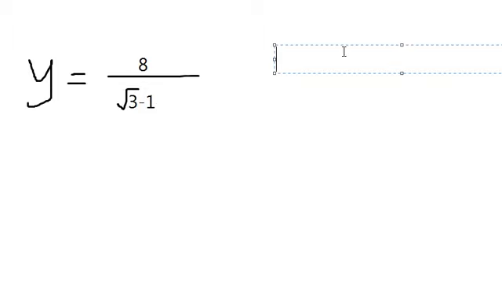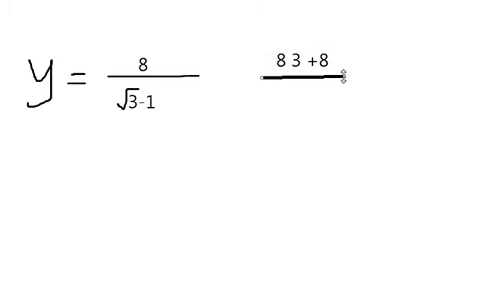Well, one of my videos in chapter 2 or something said how to rationalize numbers. So that would be 8 times root 3 plus 8 times 1, so it's 8, and the bottom will be rationalized.